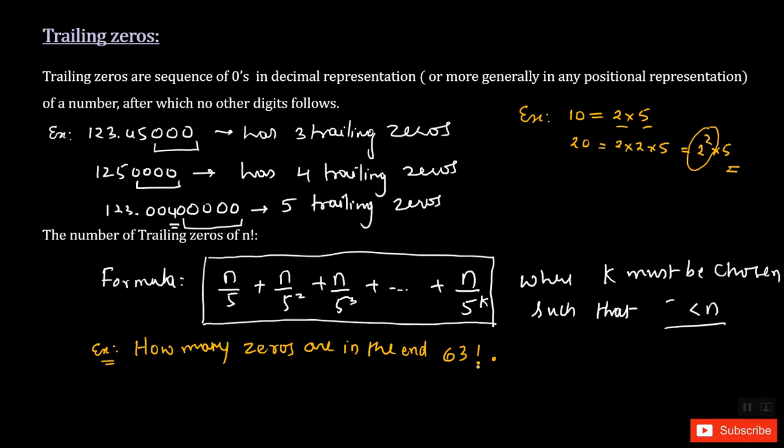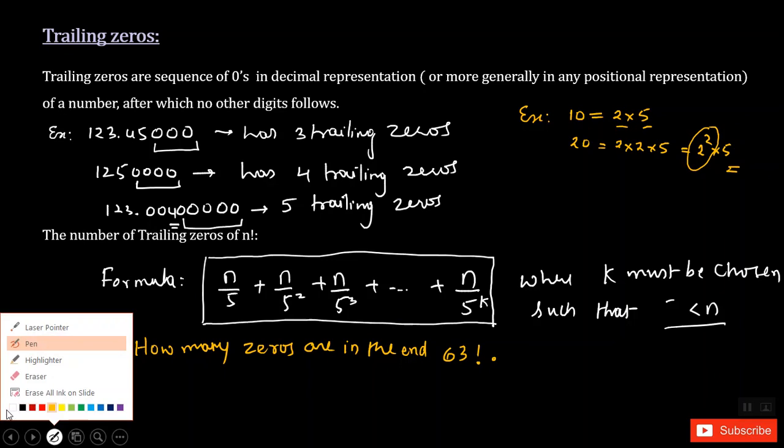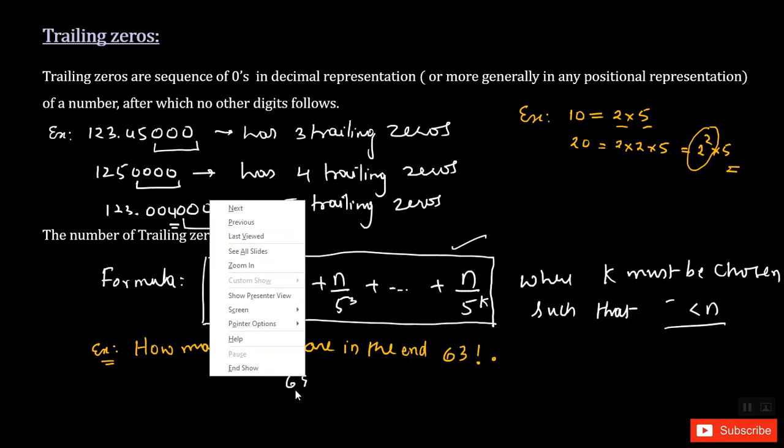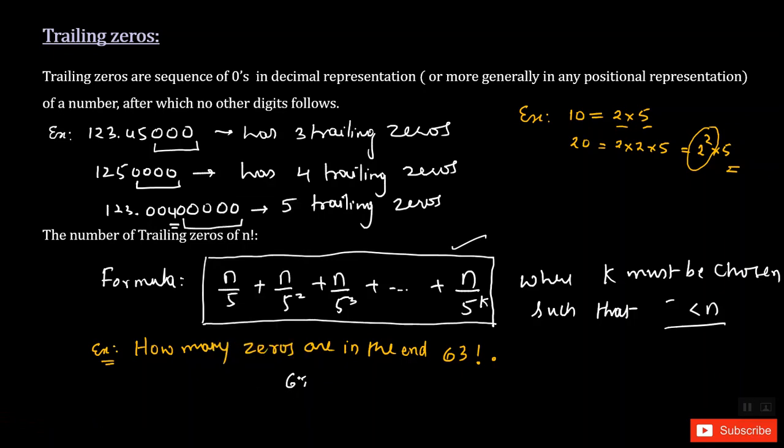To find how many zeros here, follow the same rule, the same formula. The formula which we are using is this one. So I can say 63 divided by 5 plus 63 divided by 5 square plus 63 divided by 5 cube, that is 125. You can't do that here, so you can stop here itself. 63 divided by 5, I'll be considering the whole part.